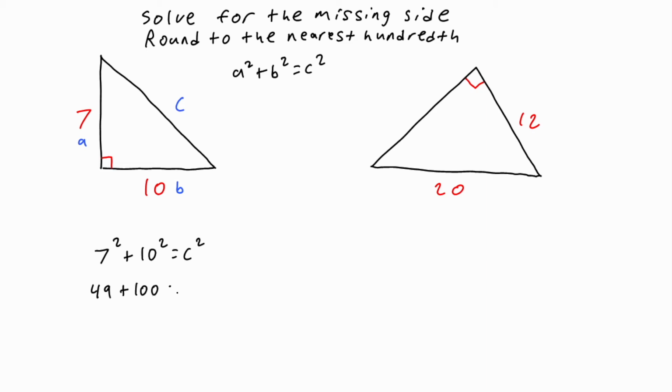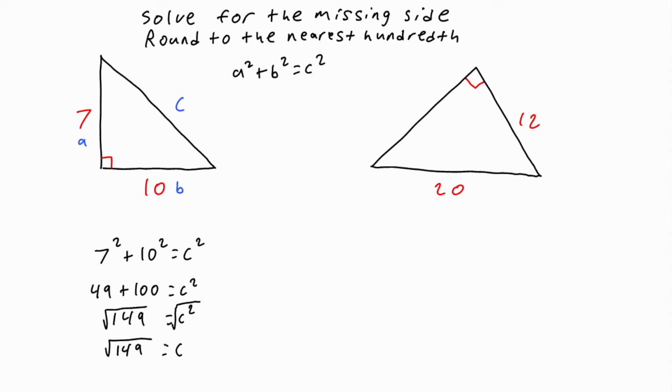And that equals c squared. 49 plus 100 is 149. And that equals c squared. And then, since we have c squared, we need to take the square root of both sides. And so we say c is equal to the square root of 149.